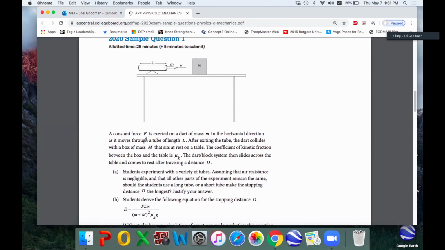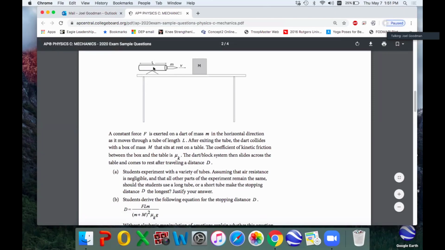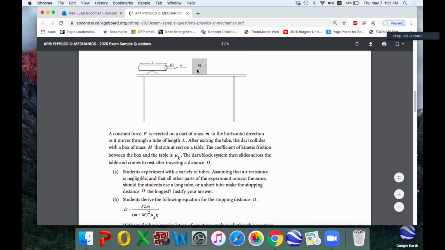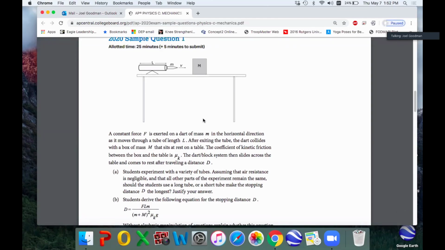It says a constant force F is exerted on a dart of mass M, so this little thing here is the dart, in the horizontal direction as it moves through a tube of length L. After exiting the tube, the dart collides with the box of mass capital M that sits on a table. The coefficient of kinetic friction between the box and the table is μk. The dart-block system then slides across the table and comes to rest after traveling distance d.